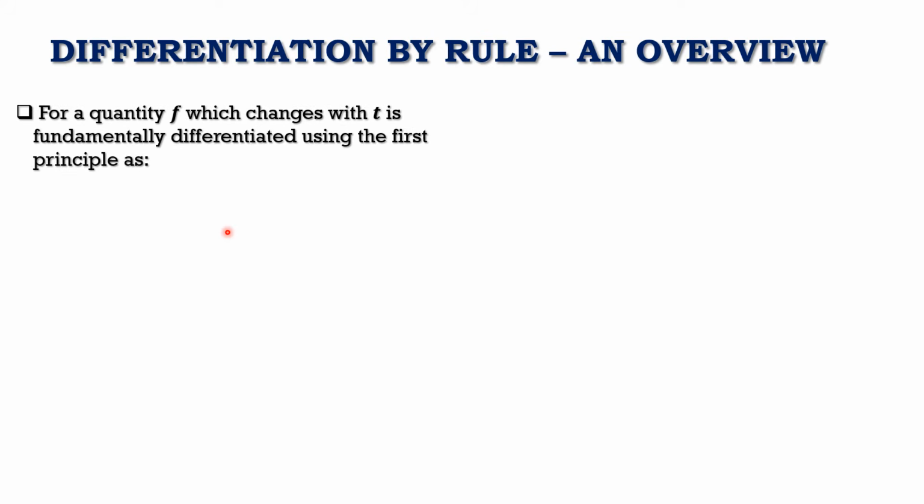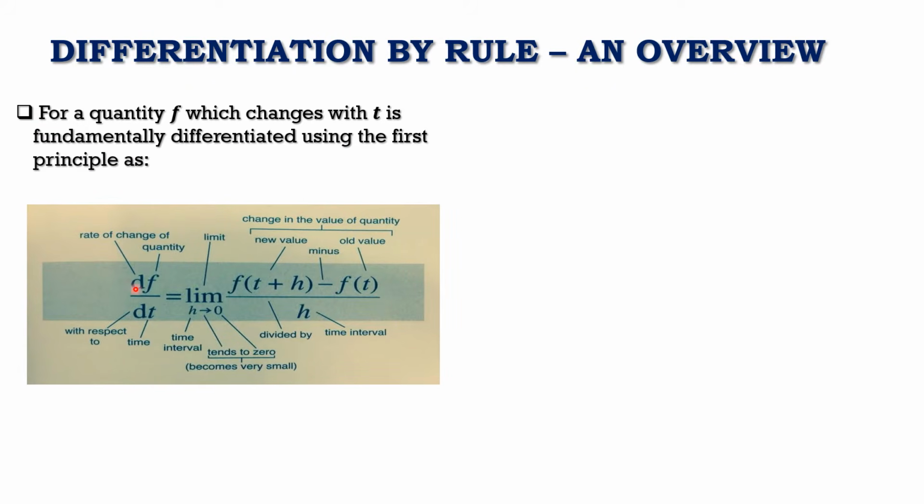You start with a quantity f, which changes with t, and is fundamentally differentiated using the first principle, as we have the change in f divided by the change in t. That is df over dt equal to the limit as h approaches 0 of f of t plus h minus f of t, divided by h.